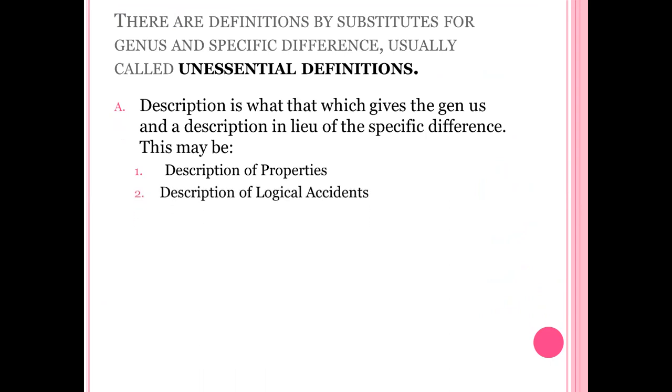Another description that we have is description of logical accidents. This can be of characteristic properties, such as water being 2 parts hydrogen and 1 part oxygen. It can be of uncharacteristic properties, such as Pegasus is a legendary horse with wings. And it can also be of properties either singly or collectively found only in one object defined, such as a comet is a bright heavenly body that often, in its orbit around the sun, develops a long tail pointing away from the sun.